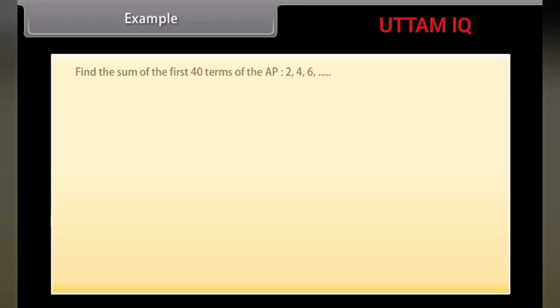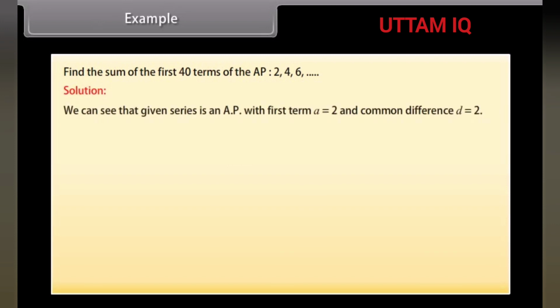Example. Find the sum of the first 40 terms of the AP 2, 4, 6, and so on. We can see that the given series is an AP with first term a equal to 2 and common difference d as 2. We have to find the sum of the first 40 terms, so n is equal to 40.